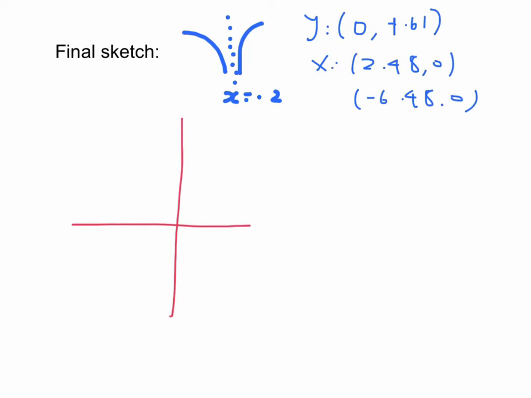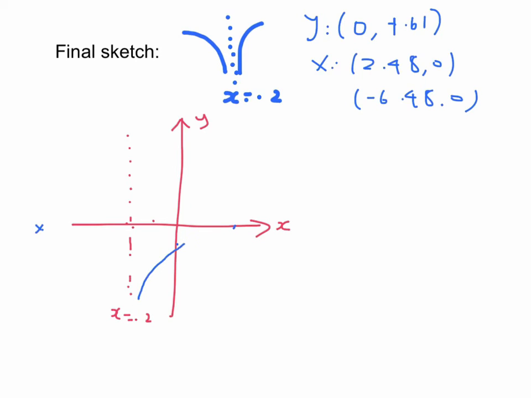So here's the approximate version. My asymptote at x equals negative 2 is over here. And if I put my y-intercept in, it's going to be negative down here somewhere. And if I put my x-intercept of 2.48, it's going to be slightly over here like that. And negative 6 is way off the scale somewhere.